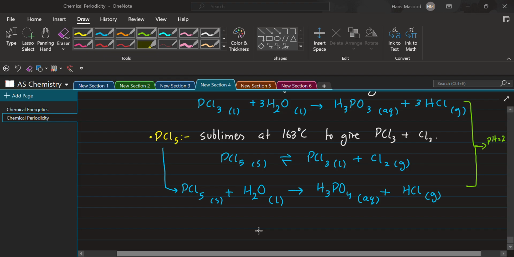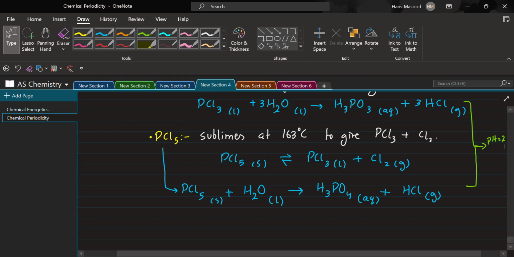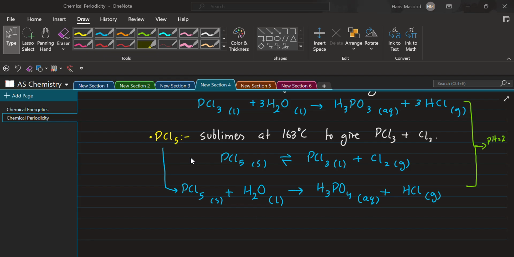So we can see the acidity of chlorides increases across the period, because the nature of the chlorides is changing from ionic to covalent. That is why the acidity of chlorides is increasing across the period. Clear?